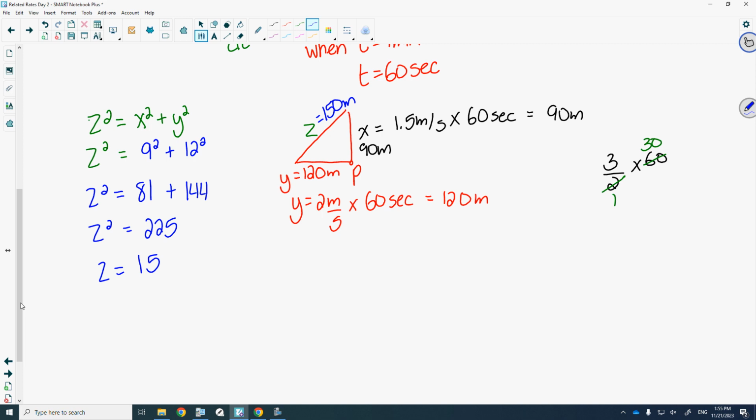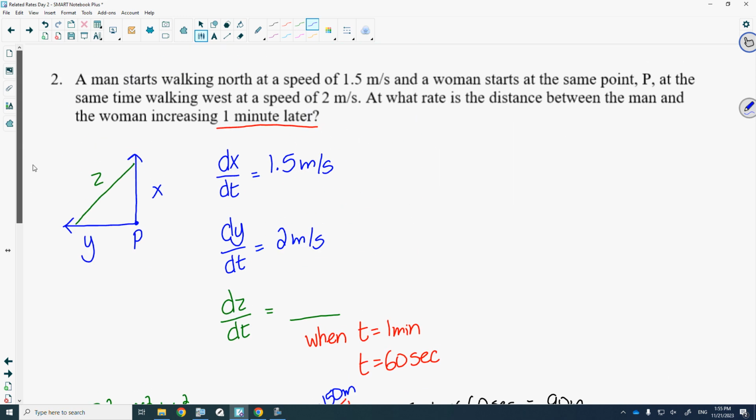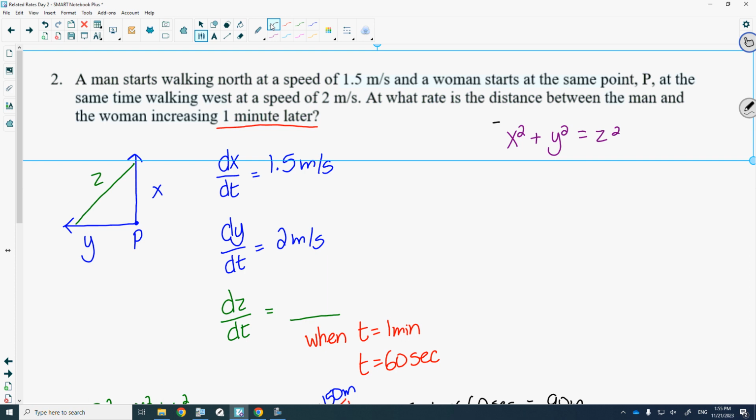Okay, so going back to my original diagram, this would be a Pythagorean theorem question. So how I'm going to relate these three variables is I'm going to use the Pythagorean theorem. So I'm going to say x squared plus y squared equals z squared. I'm going to differentiate both sides of my equation implicitly with respect to time.